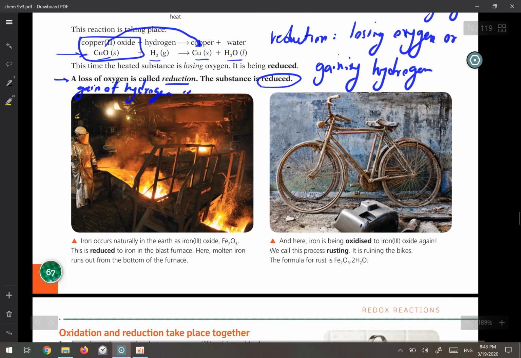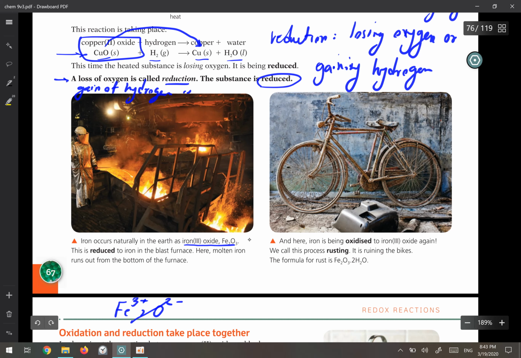Okay, let's move on. Look at this picture at the bottom of page 67. The picture at the left is extracting the iron. In nature, you don't have iron. What do you have in nature? You have iron oxide. You know from the previous chapter that iron 3 is composed of Fe3+ and oxide, which is O2-.